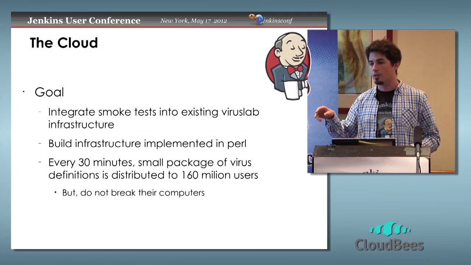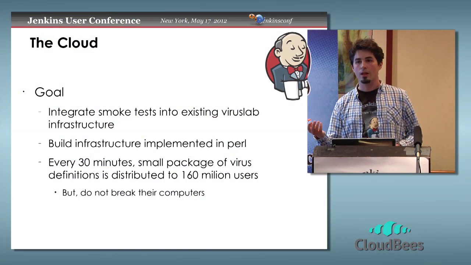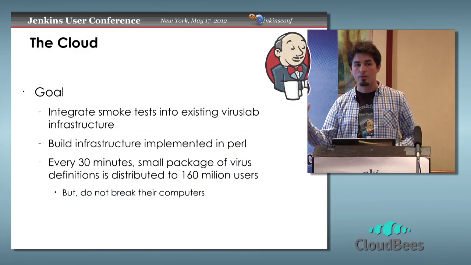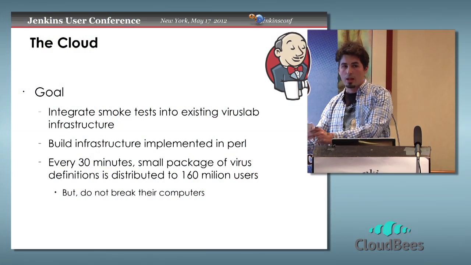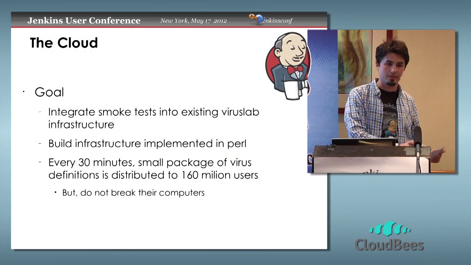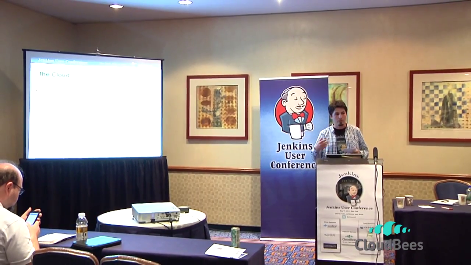You can have a small false positive in the virus definitions, and that means that the antivirus would, for example, take your Windows folder and put it in our virus chest, or program files folder into our virus chest. And that's something you don't want to do.